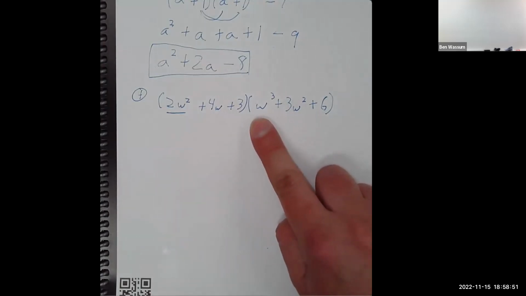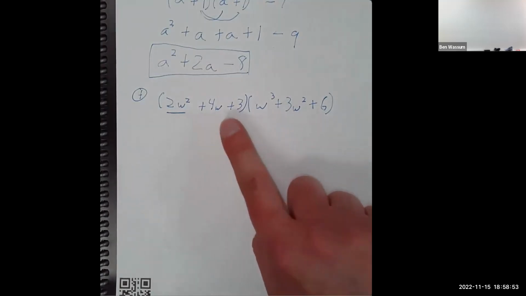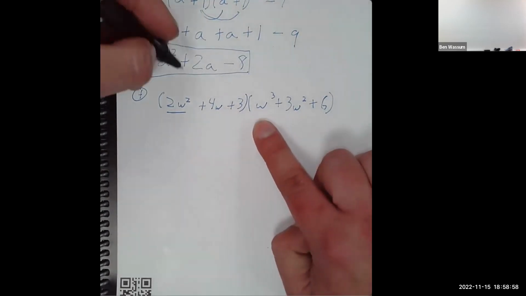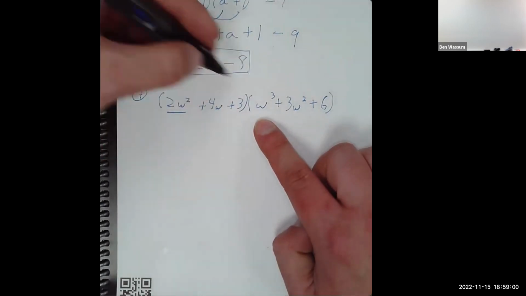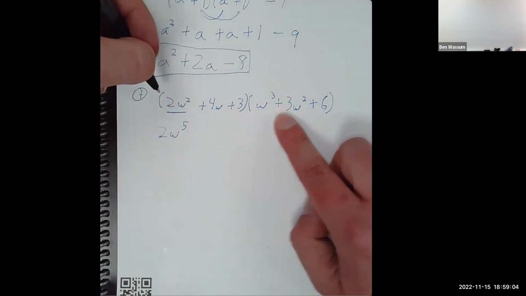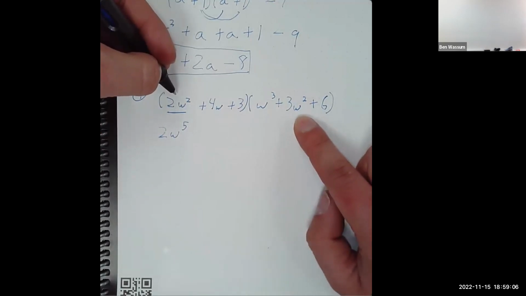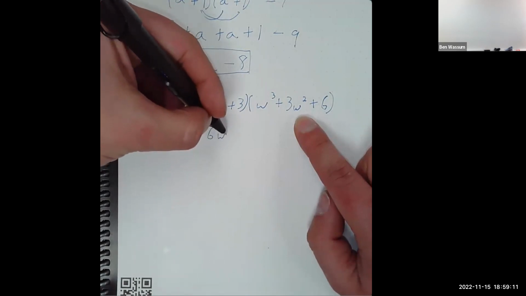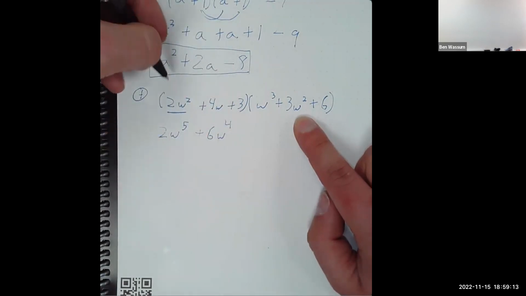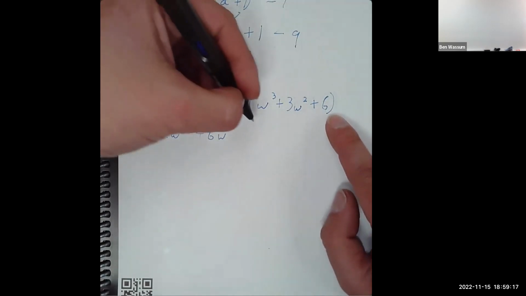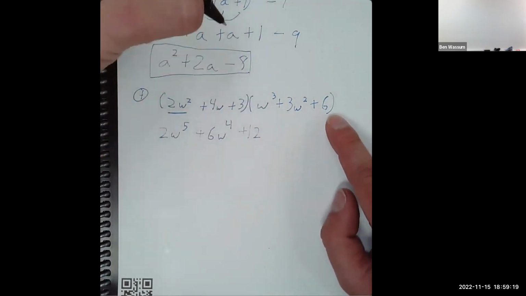Now, again, we just take this one and we're going to multiply it by all of these, each one. Okay, so 2w squared times w cubed, we get 2w to the 5th, 2w squared times 3w squared, we get 6w to the 4th, then 2w squared times 6, we get 12w squared.